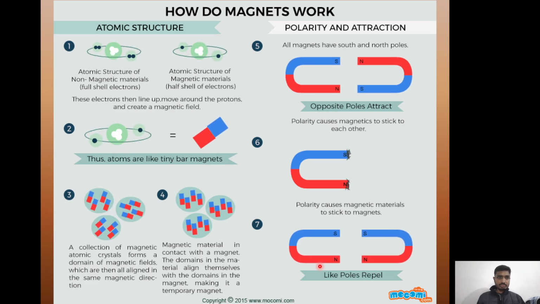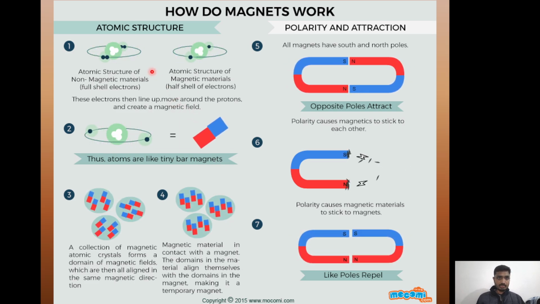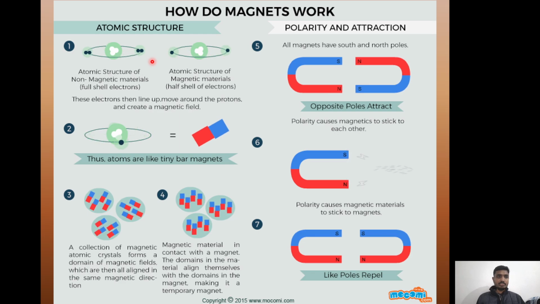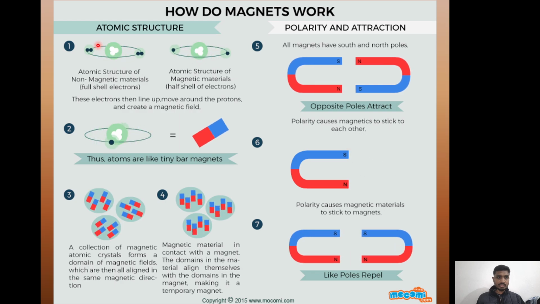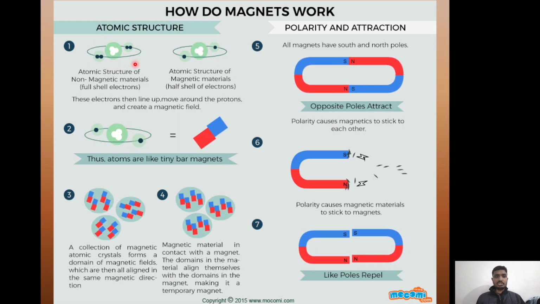So, here I have shown this atomic structure of a single elemental material. We want to see what is the origin of the magnet. Okay. So, for example, as we see over here in the slide, this atomic structure of a given material, if I pick up a tiny atom, inside the atom there is a nucleus in the center and there are electrons which are revolving as it's shown in this animation.